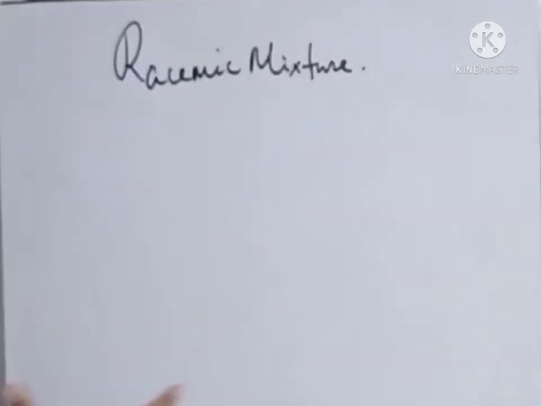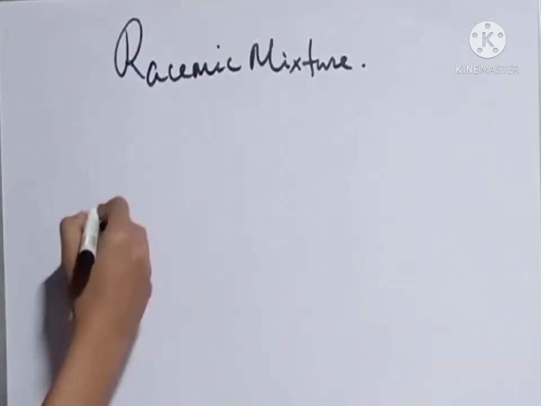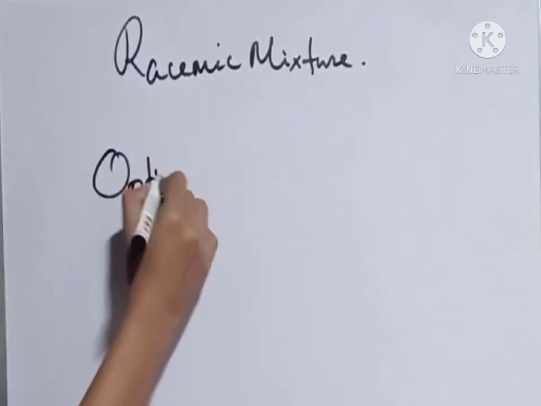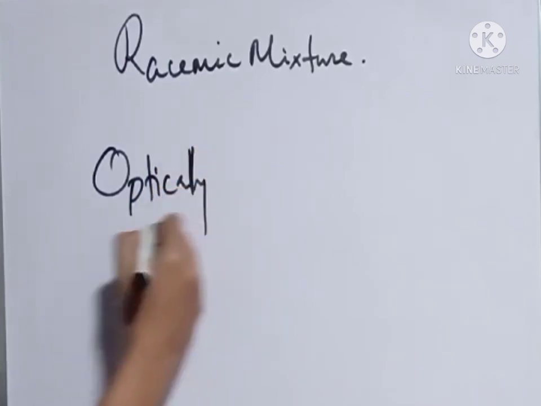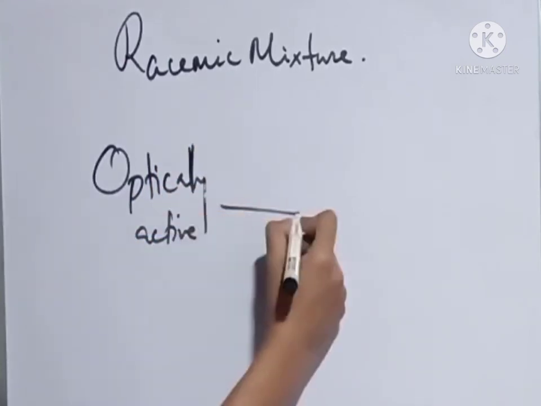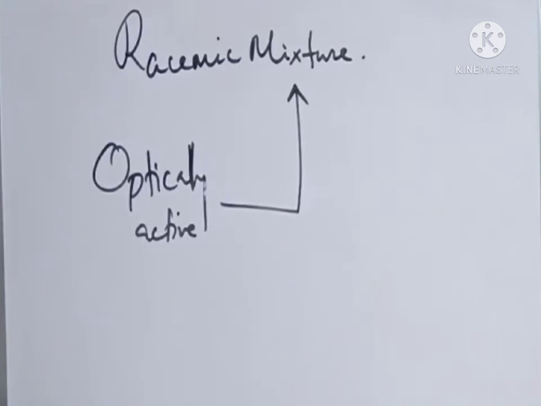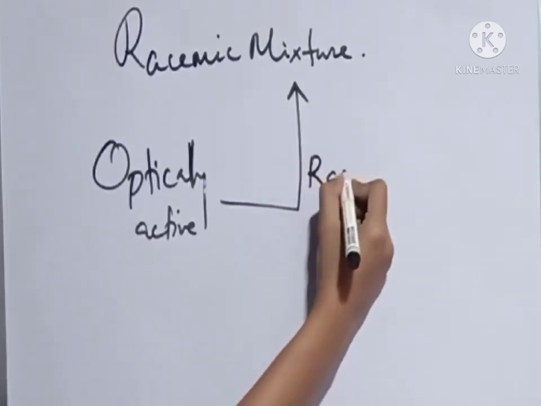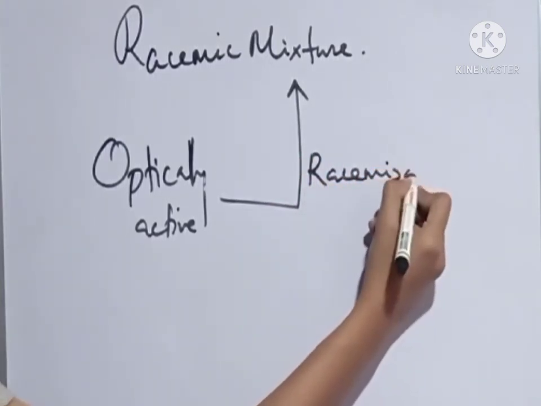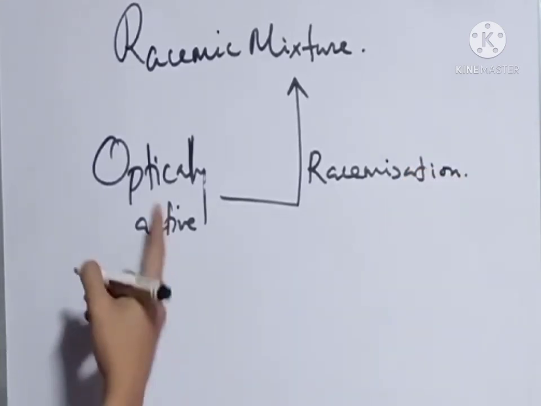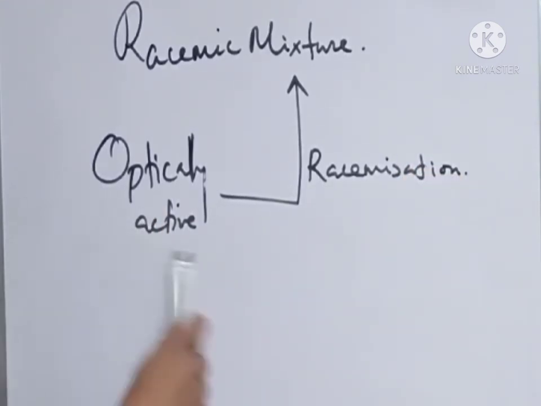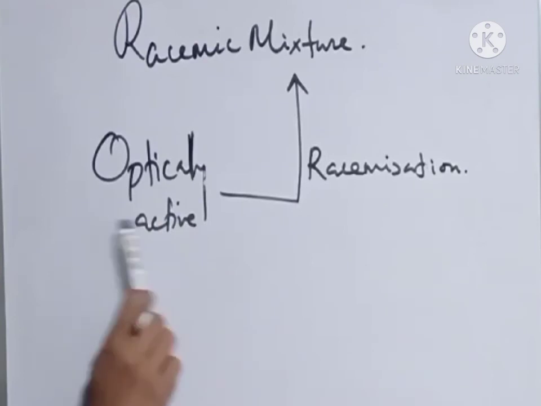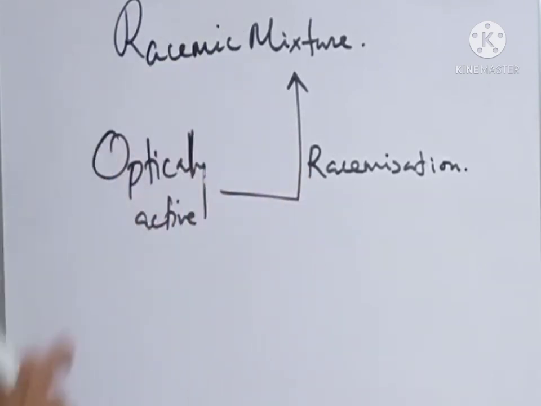Then the process of preparation, or the process of conversion, of an optically active compound into a racemic mixture is known as racemisation. So racemisation is the process of conversion of an optically active compound into a racemic mixture.